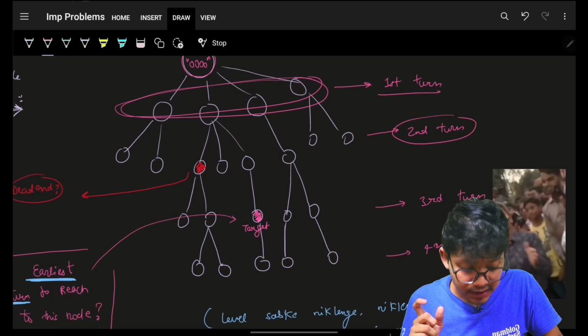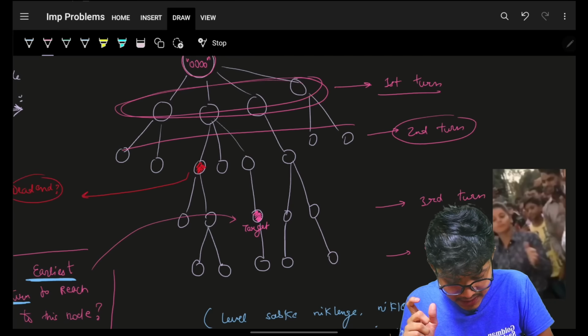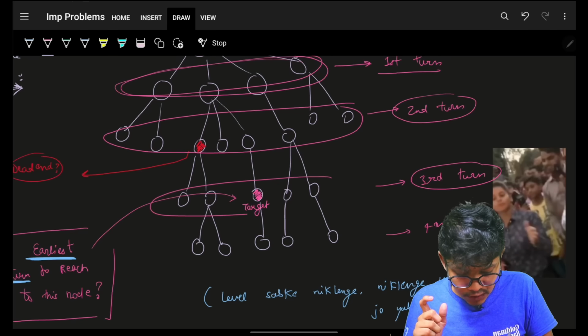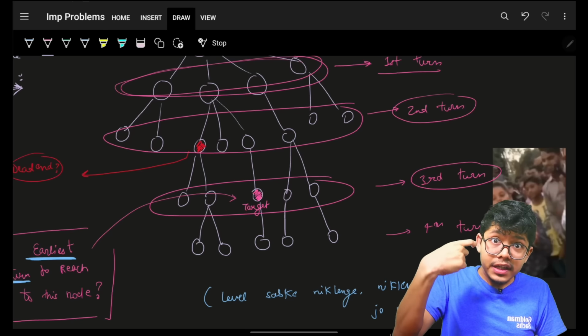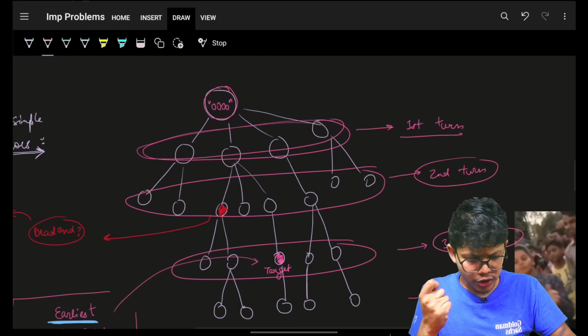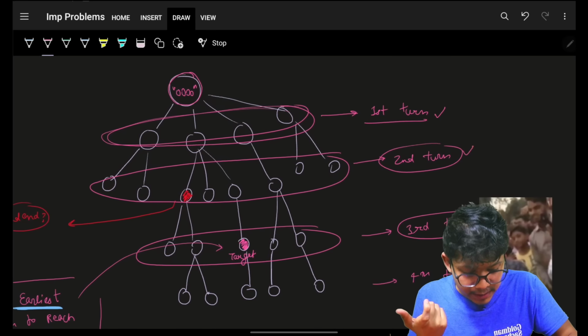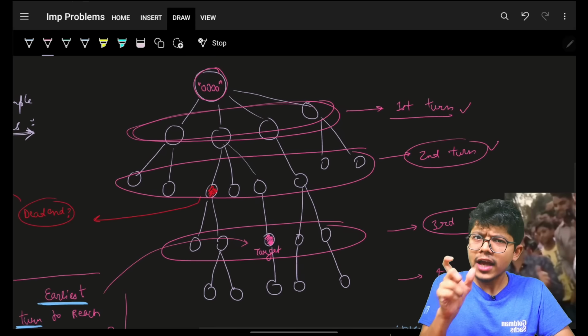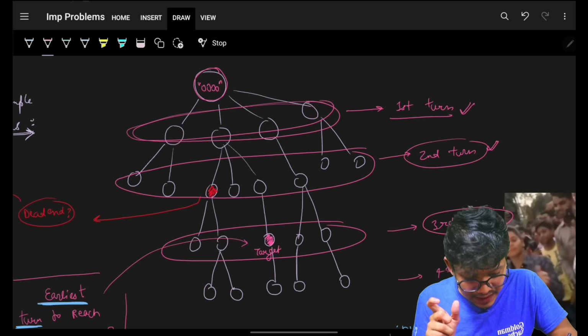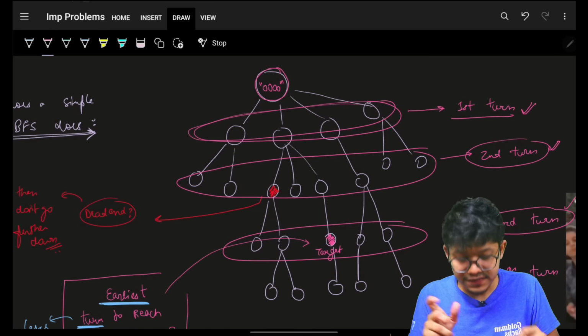In the second turn, again some options of strings, and in the third turn, again some options. Every turn is important, or I can even say these levels are the ones which are important.